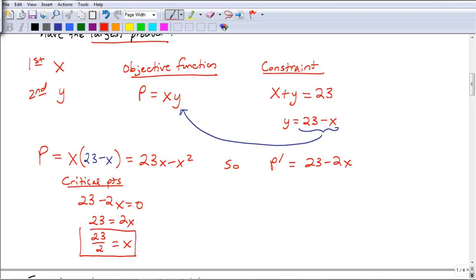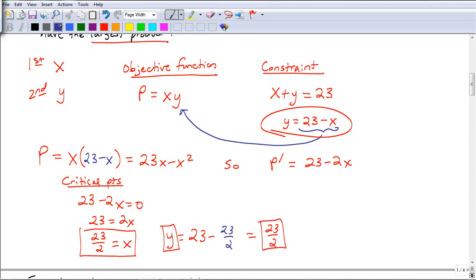The first real number has to be 23 over 2. To find y, I have an equation right here that relates x and y. y is 23 minus x, and we just figured out that x is 23 over 2. And when I work that out, I get 23 over 2 for y.